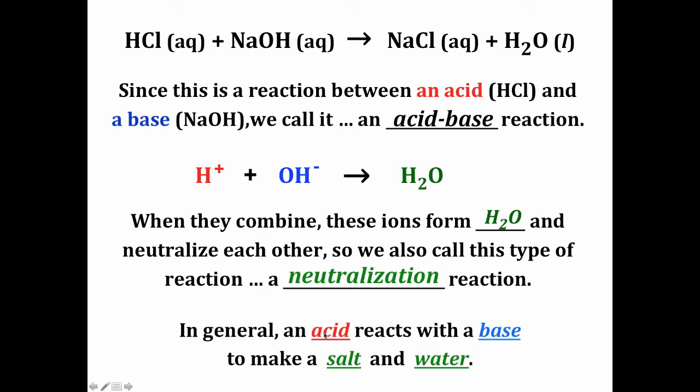And as a general rule, when an acid reacts with a base, it makes a salt, an ionic compound, and water. Those of you who take second semester chemistry will see that this quote-unquote neutralization reaction is not quite as simple as we're saying here, but that will certainly suffice for now.